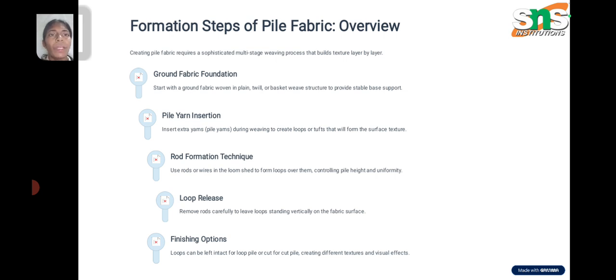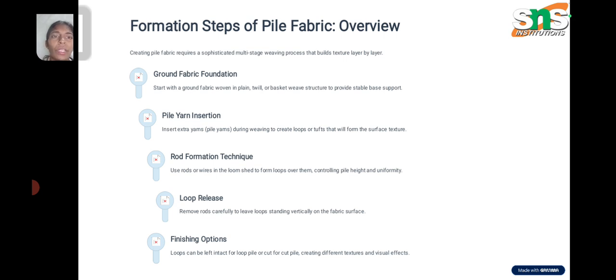The formation steps of pile fabric. Creating a pile fabric requires a sophisticated multi-stage weaving process that builds texture layer by layer. Ground fabric foundation: start with the ground fabric woven in plain, twill or basket weave structure to provide a stable base support. Pile yarn insertion: insert extra yarns, pile yarns, during the weaving to create a loop or tuft that will form the surface texture.